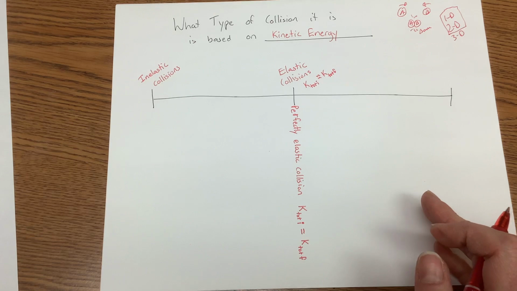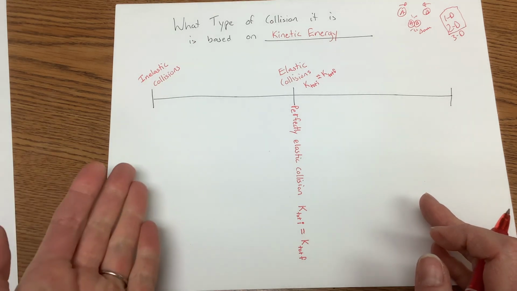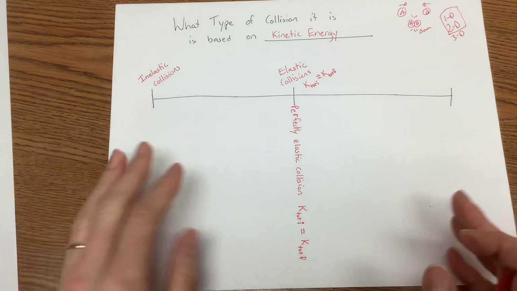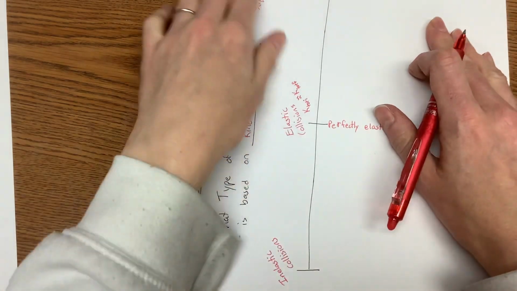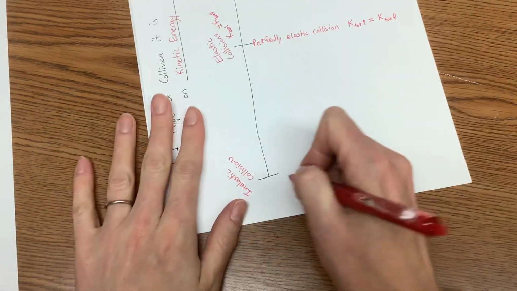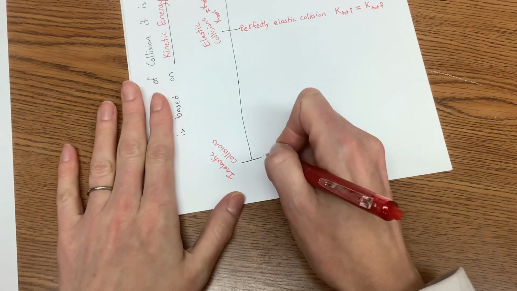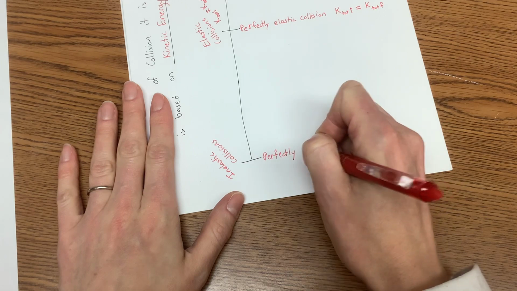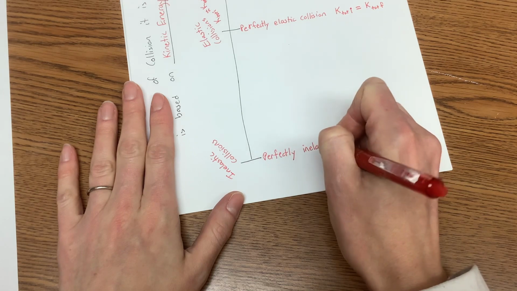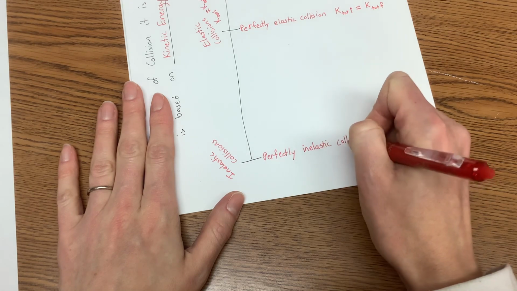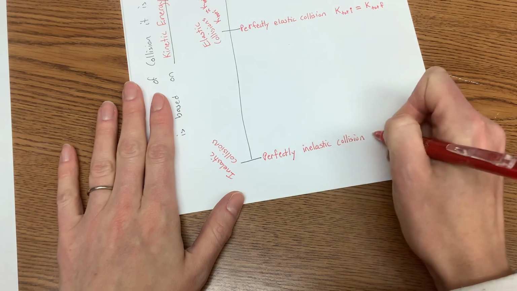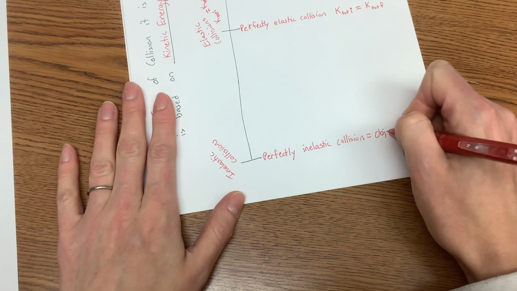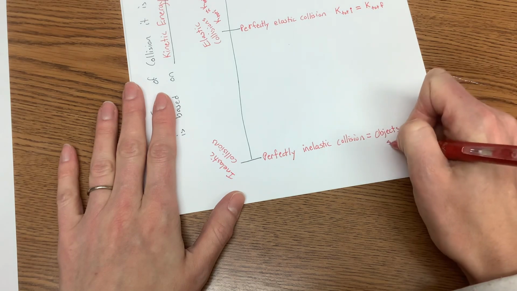And then here's what's really kind of annoying. A perfectly elastic collision doesn't mean you've lost all of the kinetic energy. But a perfectly inelastic collision just means that the objects have stuck together.